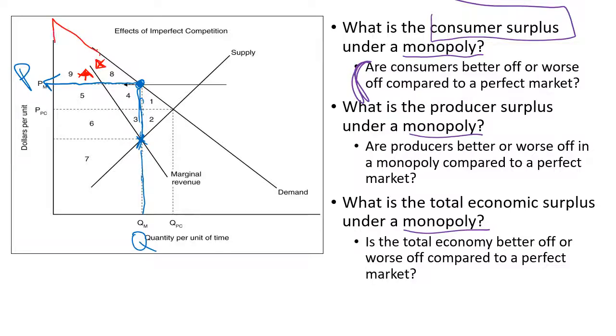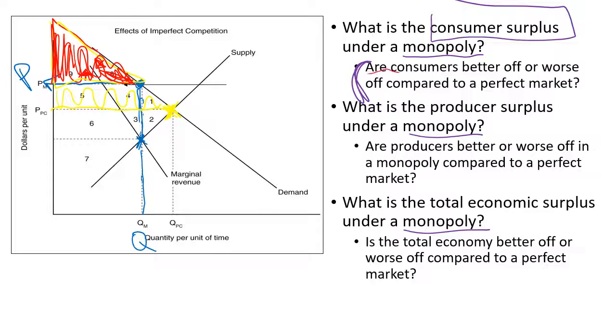So we can see we're looking at a much smaller triangle in this example, whereas in the previous example, remember our equilibrium point was right here where the yellow is, and the consumer had all of this yellow surplus too. So the consumer surplus has shrunk, it's become less. It's only the area of this orangish red triangle here in the monopoly.